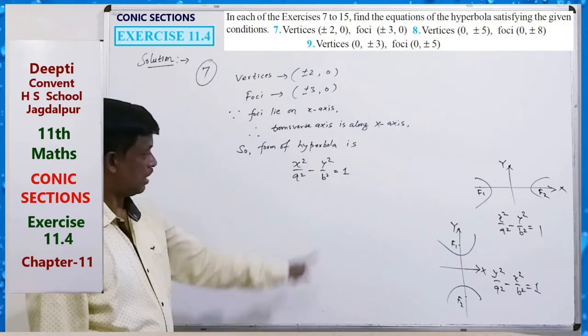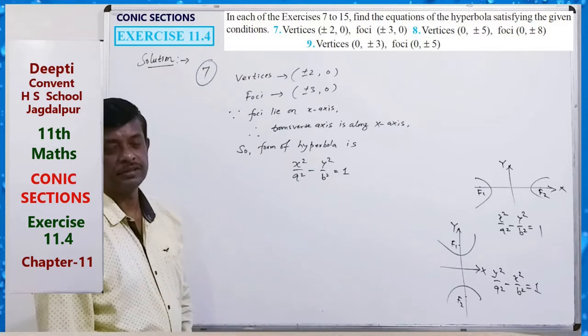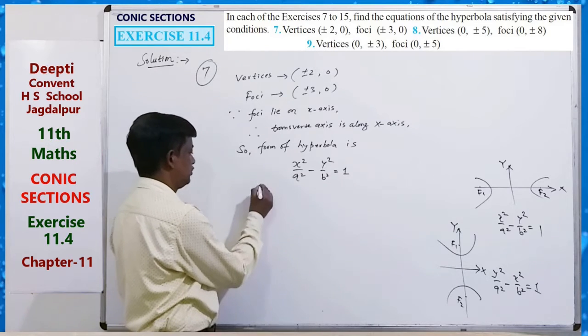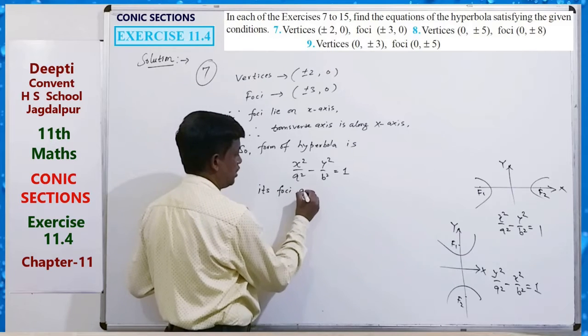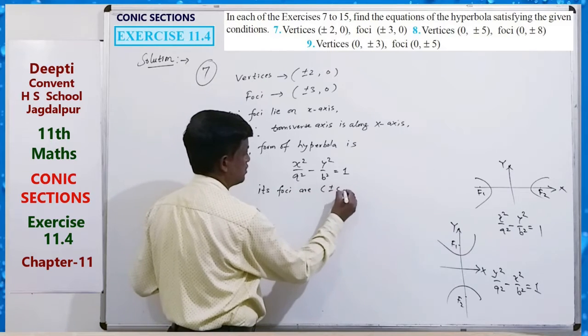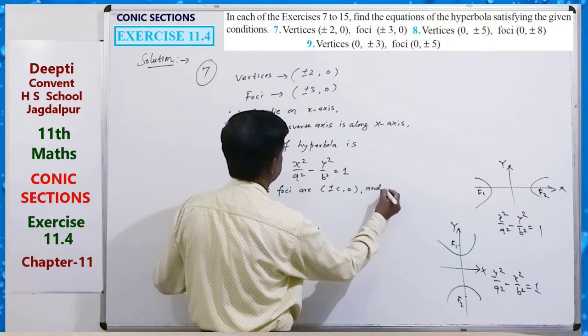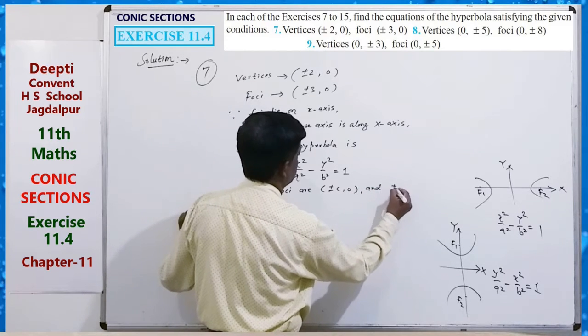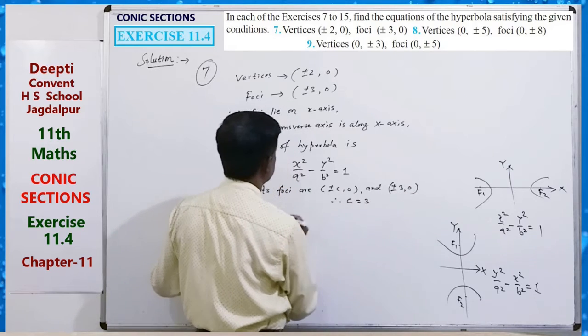Okay, and its foci are plus minus c, 0, and here plus minus 3, 0. Therefore c equals 3.